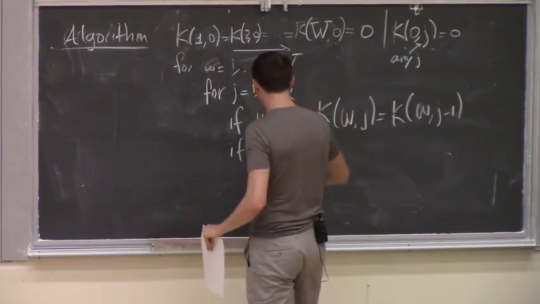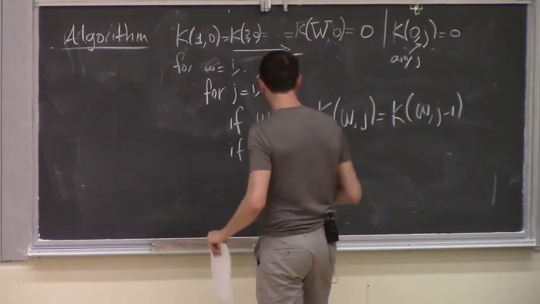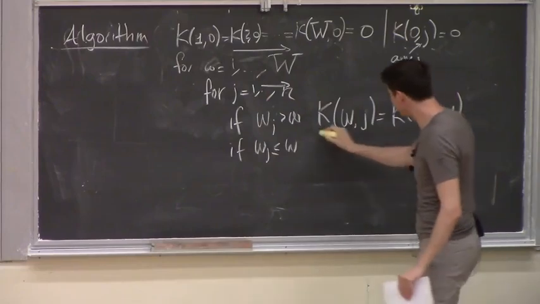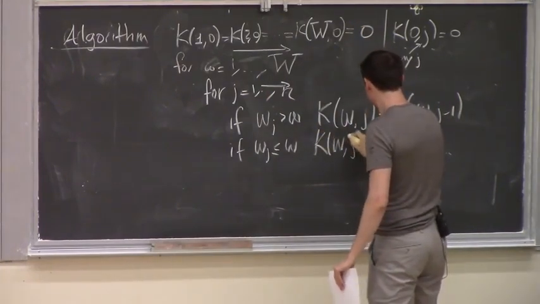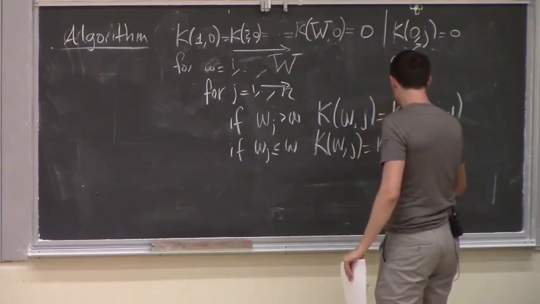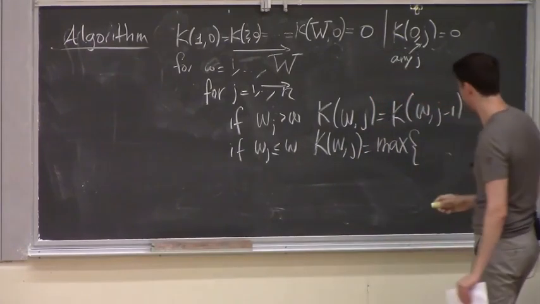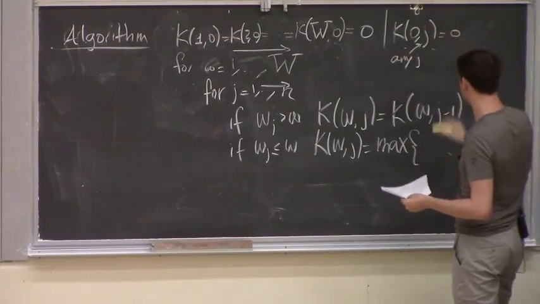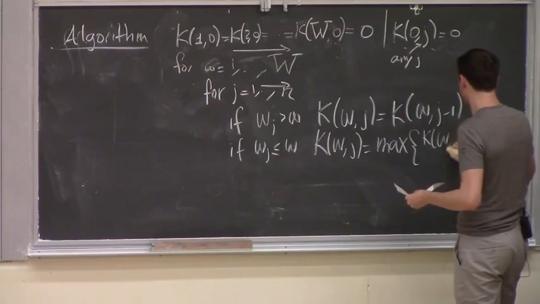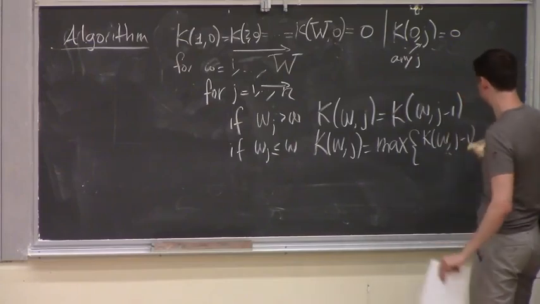Otherwise, if w_j is no bigger than w, then we have the case that we wrote up there. K(w,j) is the maximum of two cases. One case is when I just don't pick j.